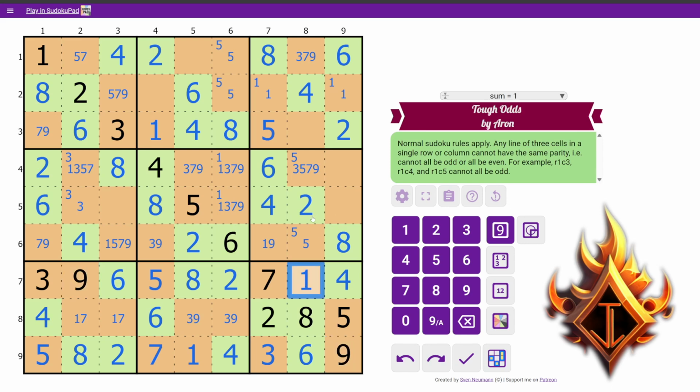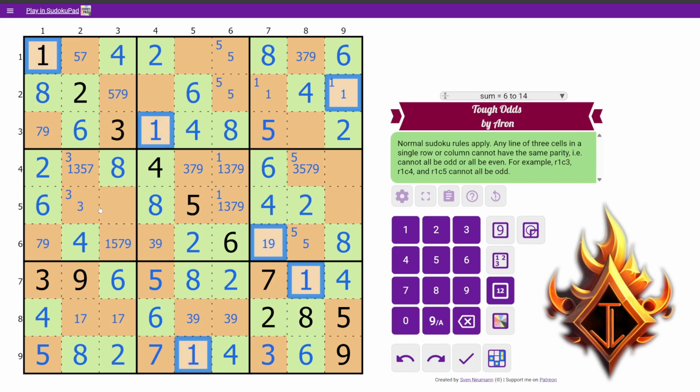If we speculate, one there, we have one there. Is that gonna do anything though? Possibly not.